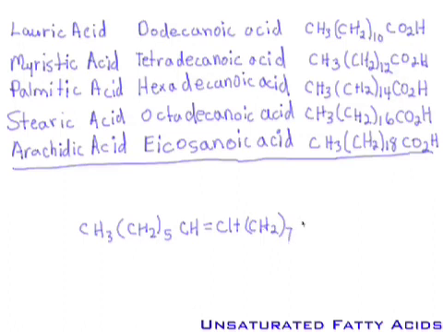And then a CO2H. So at carbon 9 from the carboxylic acid, 1, 8, 9, we have a double bond. And then 16. What was the common name for the 16 carbon chain saturated fatty acid? Well, that was palmitic acid.